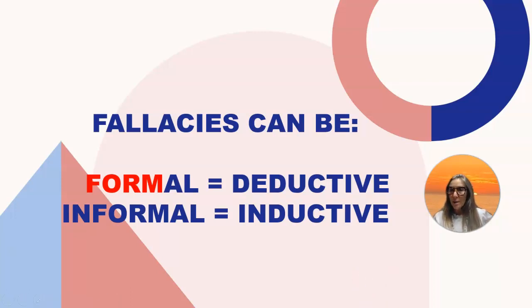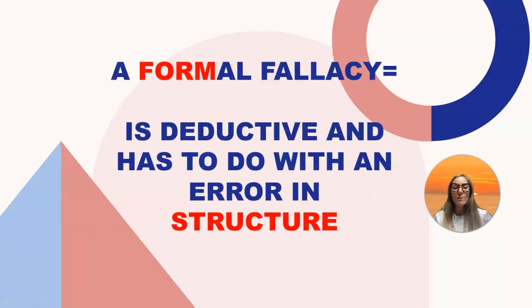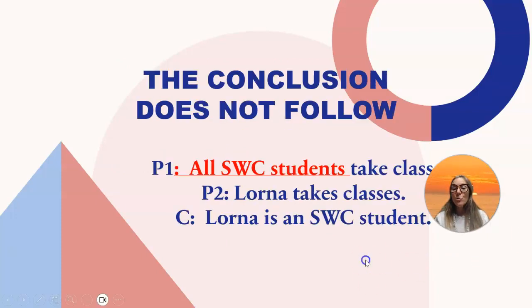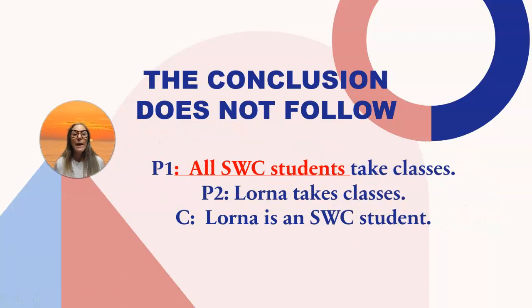Before we go on to the inductive arguments, informal fallacies, let me just show you what a formal fallacy looks like, okay? As I said, an error in the structure or the order. In this categorical syllogism, if I say all Southwestern College students take classes, Lorna takes classes, therefore she must be a Southwestern College student, what do you notice about that?